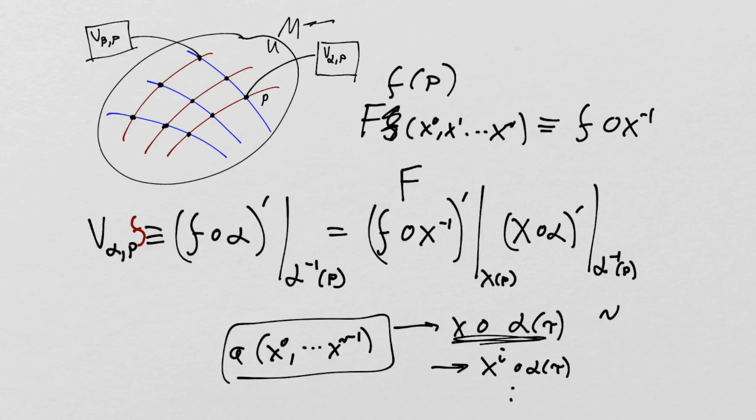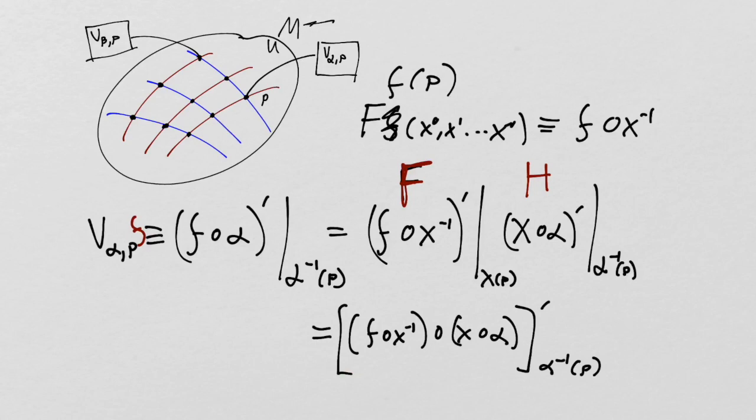In normal calculus, it would be a vector, which has to have n components. So I'm going to call this guy F, and I'll call the other guy H. So I can rewrite this expression. First, I blow this up by adding the x inverse x as before.